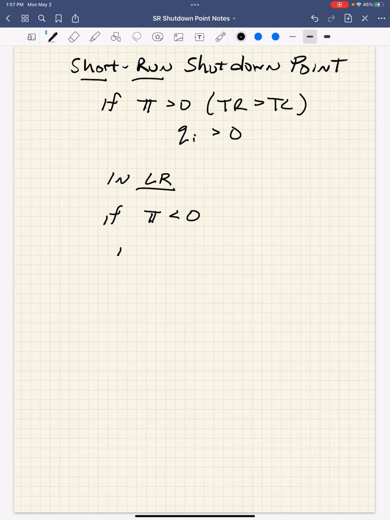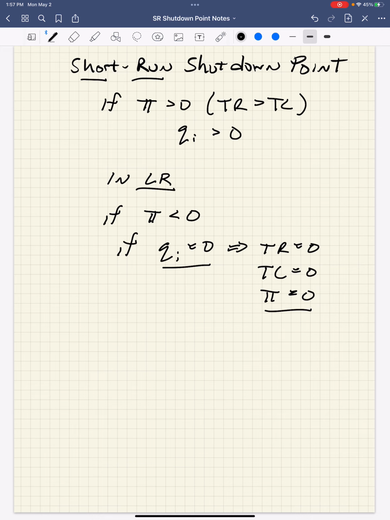So given that our profit is negative, we have the option of setting output equal to zero, which will push total revenue to zero, total cost will be zero, and therefore profit will be zero. So we've already answered the question. In the long run, you're always better off shutting down than operating when profit is negative, because you can improve your situation by bringing your profit up to zero.